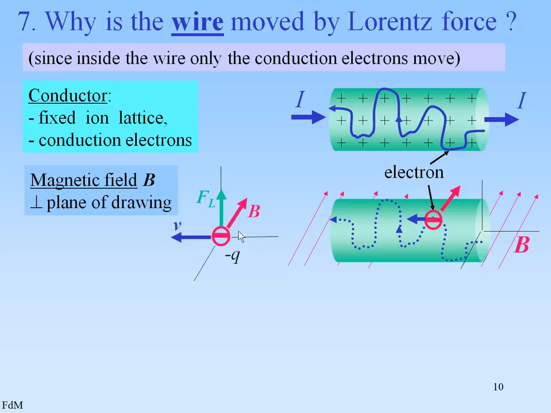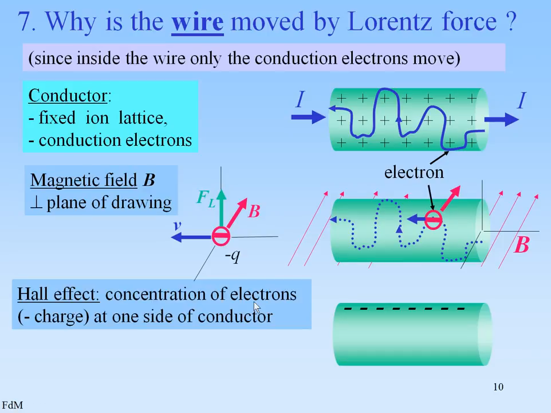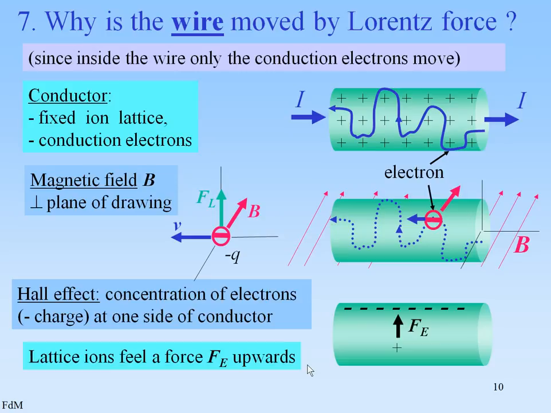An electron will feel a Lorentz magnetic force in this direction, because the velocity is in this direction, the B is in this direction, and the Lorentz force is in this direction. This means that there will be a concentration of electrons at one side of the conductor. And this will cause the lattice ions to feel a force Fe upwards.